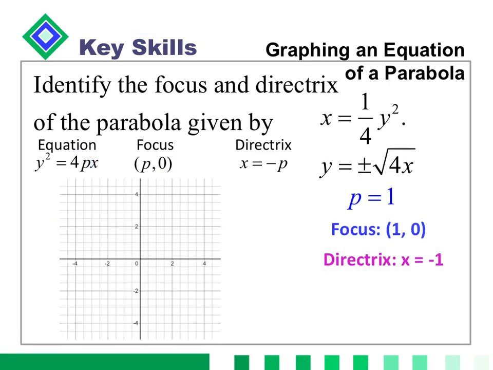So this is the equation we got in the previous example. We are now going to graph it. We know that p equals 1, so the focus is (1, 0), right there. That's our focus. Remember, it's based at the origin.